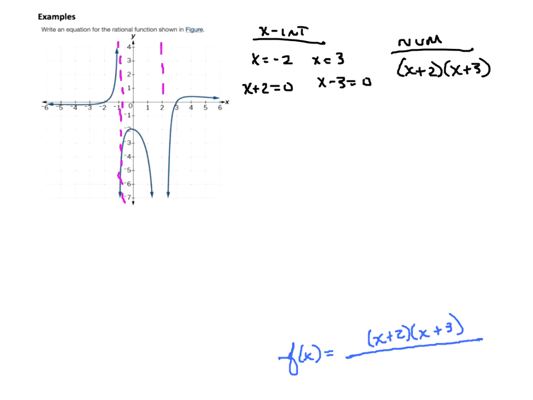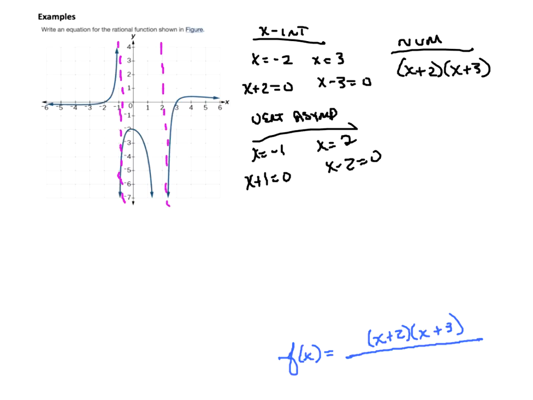Now I use my asymptotes to get the denominator. So I'll just point out I've got an asymptote at -1 and I have an asymptote at 2. So I had vertical asymptotes at x equals -1 and x equals 2.